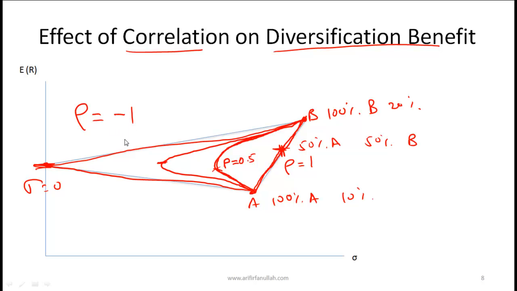But nevertheless, theoretically speaking, if you do find this, then there is a certain weightage of A and B where you can get a decent return with 0 risk. Key point here being that as long as your correlation goes down, the diversification benefit goes up.